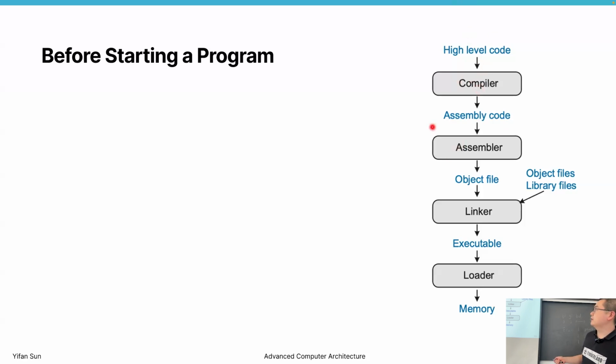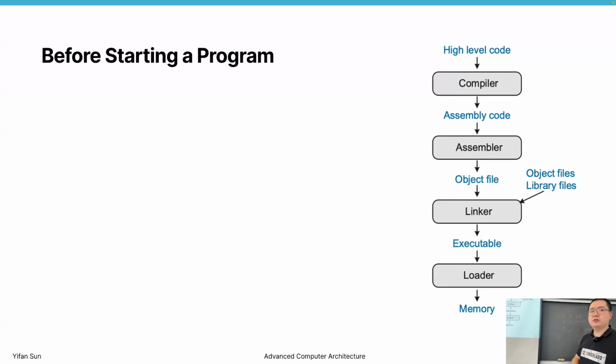You have a compiler that generates assembly code, and the assembler then generates lots of .o files. You have object files, and .o files only have the information related to the current file that is being compiled.